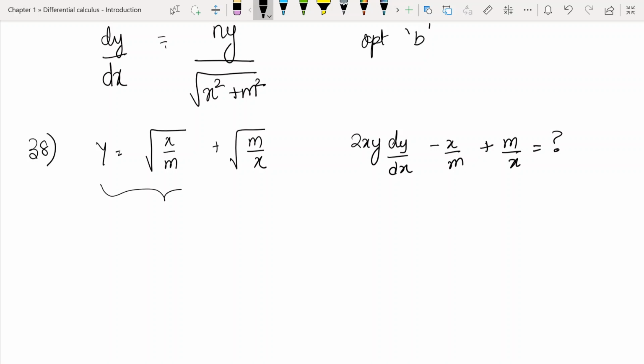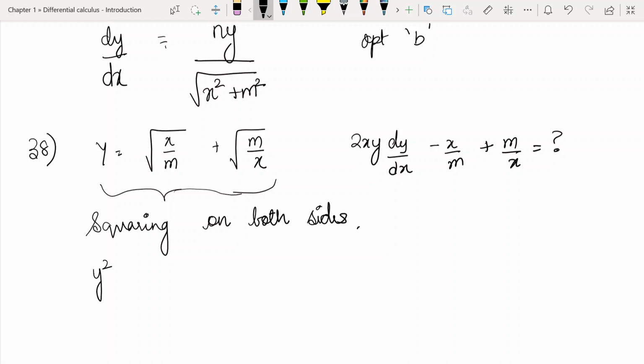Now before we find this, before we differentiate this, let us do squaring on both sides. How do we square on both sides? The left hand side becomes y square, but the right hand side would be x by m plus root of m by x, the whole square.